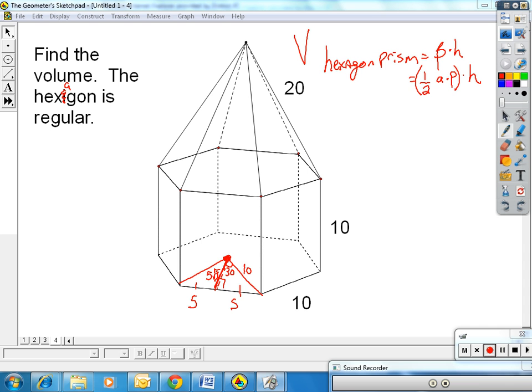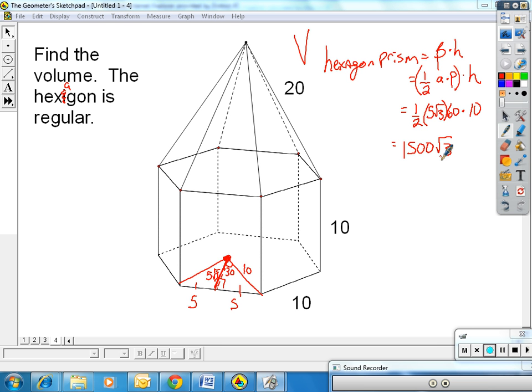All right, so I can now find my apothem is 5√3. My perimeter is 60, and my height is 10. So I've got 30 times 5√3, times 10, which is 1,500√3.